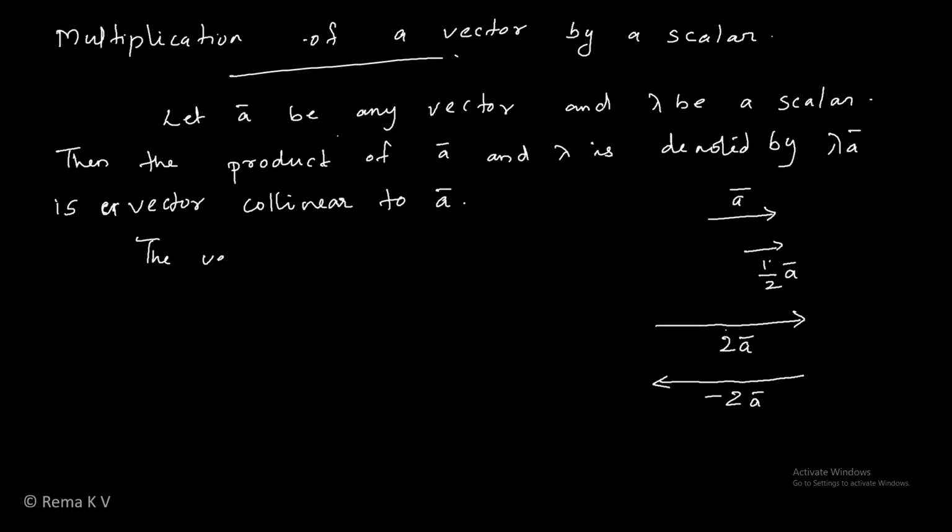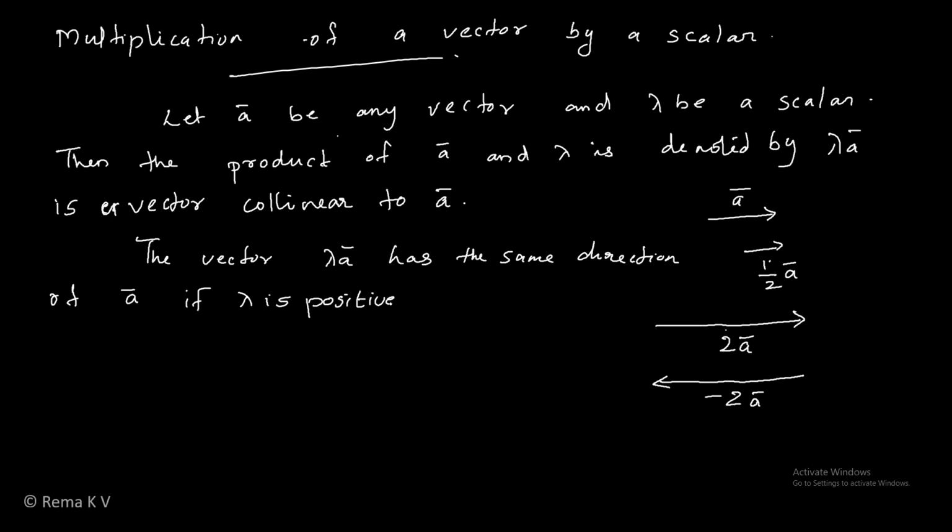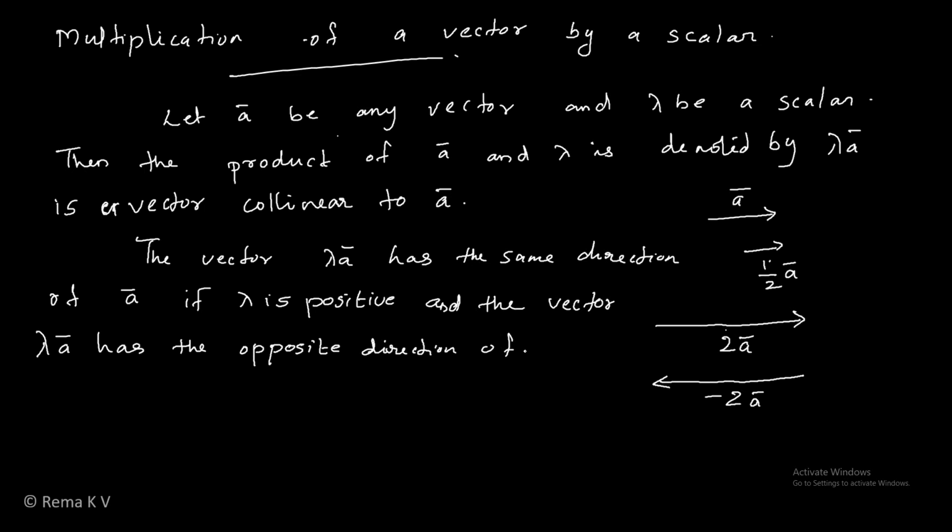The vector lambda A has the same direction as vector A if lambda is positive, and the vector lambda A has the opposite direction of vector A if lambda is negative.